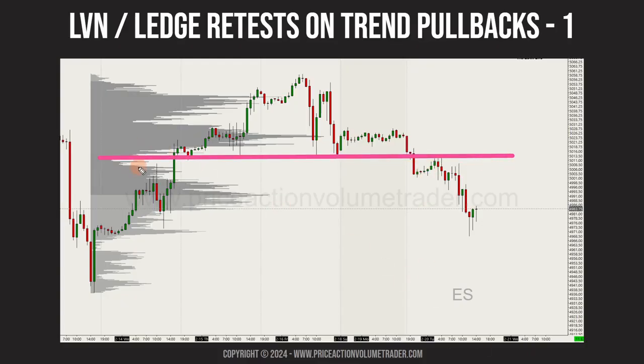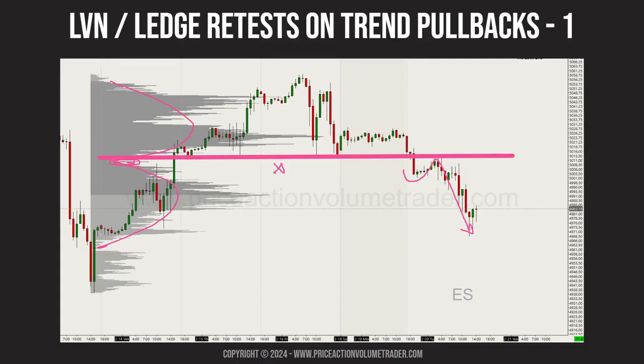And if we look at the high volume node that we had here, we broke outside of this node from above. We broke market structure down, and then we have a pullback into the top of this high volume node into this low volume node resistance, and then we had a transition right into the bottom area of this node here.